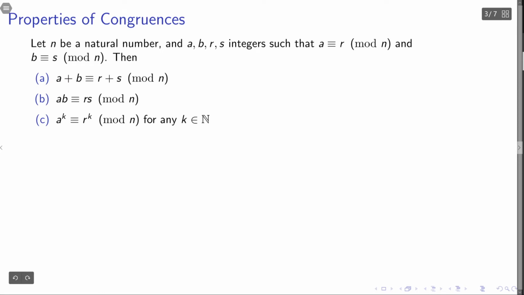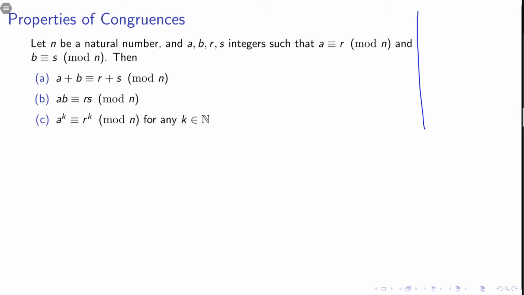When we say that we can replace a number with something with the same remainder, what does that really mean? If you remember from high school or grade school, you had this property where if you had an equation where x equals y, for example, you are able to add the same number to both sides of the equation and still end up with a true statement.